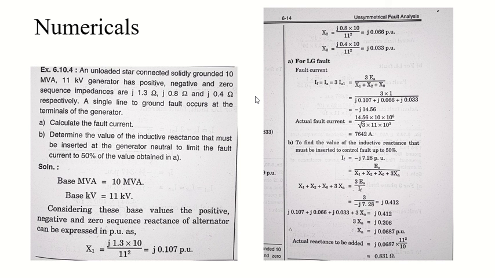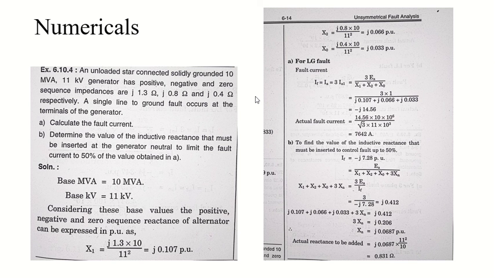So we will calculate the per unit reactance for x1, x2 and x0, which is given as x into MVA divided by kV squared. So we will find x1, the positive sequence, is 0.107 j per unit.